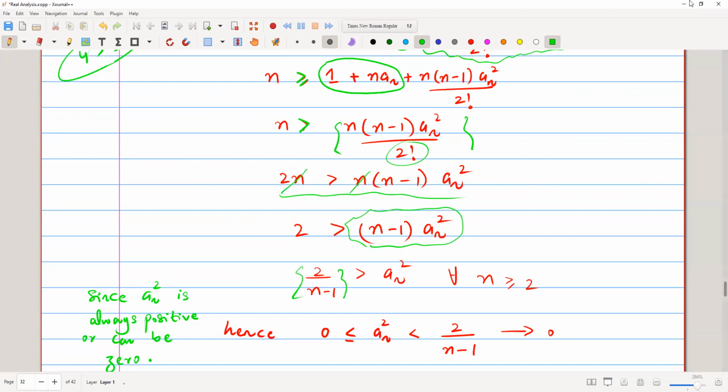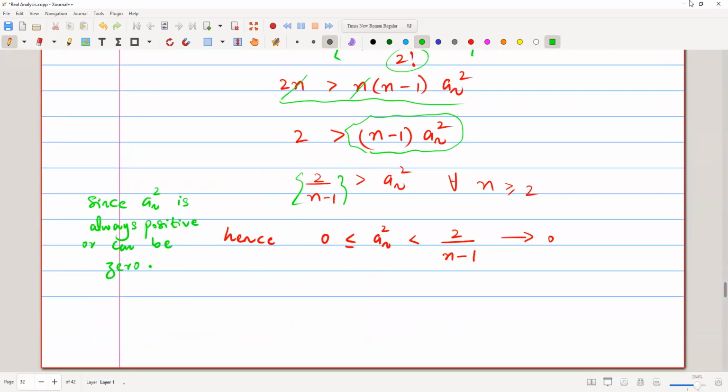Then take n minus 1 to the left in the denominator, then it's greater than a_n squared. Since a_n is squared, all the time it's positive, so every element is positive, therefore a_n squared is greater than or equal to 0. It cannot be less than 0 because of this square, and this is less than this thing here, we already have shown.